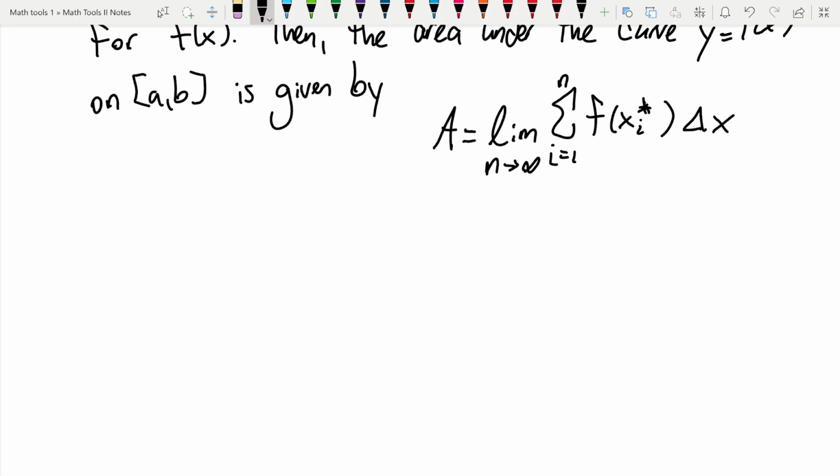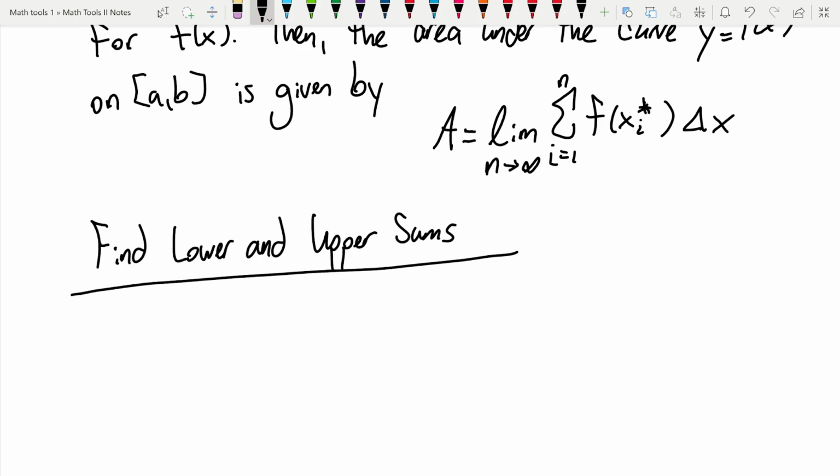So another thing we can do is we can find what's called lower and upper sums. Okay, so this is the more common way to find Riemann sums, is to find lower or upper sums.